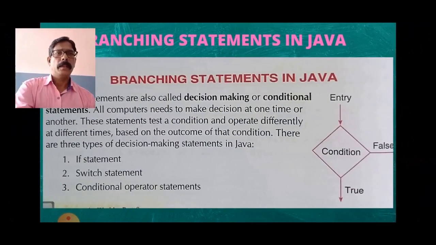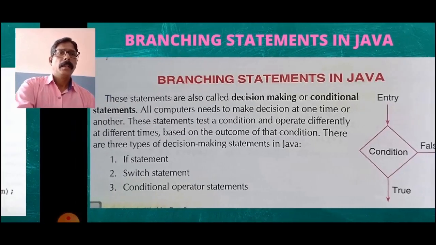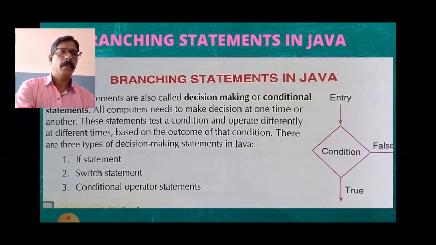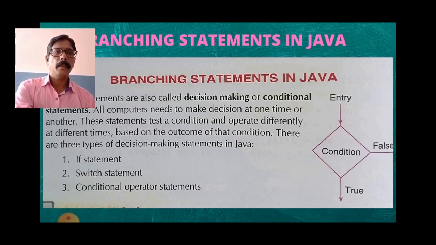The next topic: branching statements in Java. These statements are also called decision making or conditional statements.